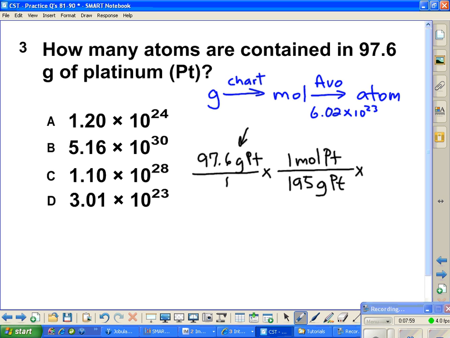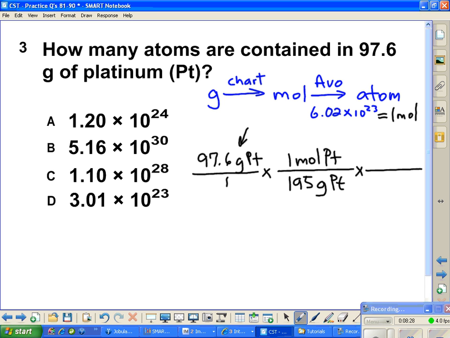The next thing we need to do, this is our third fraction, and then we're done, is use the Avogadro number. Now the Avogadro number is how many pieces, which will be atoms or molecules, in this case atoms, that are going to equal 1 mole.